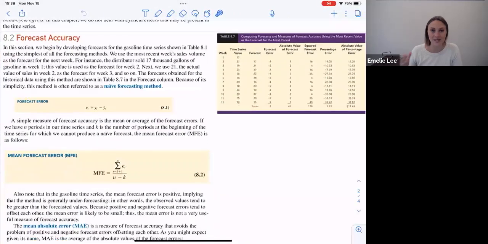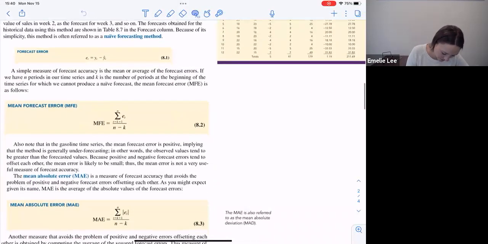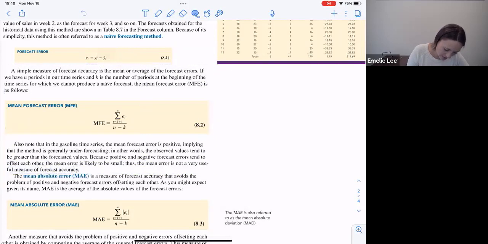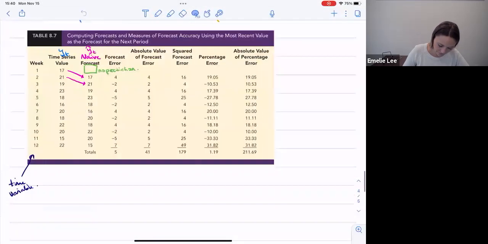Of course, that's the same thing as regression, and we're going to end up using regression, but for now we're minimizing those errors. And so the first thing that we can talk about is the mean forecast error.